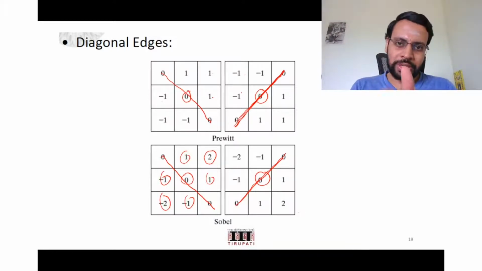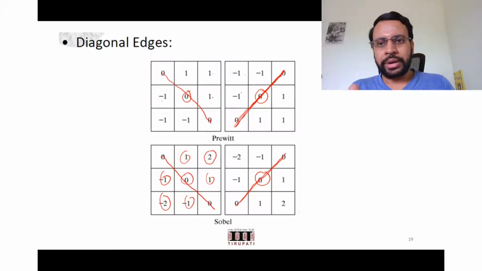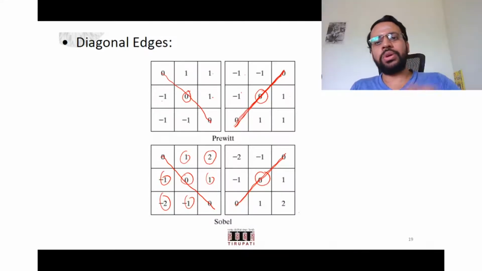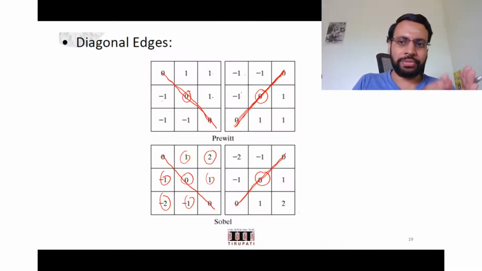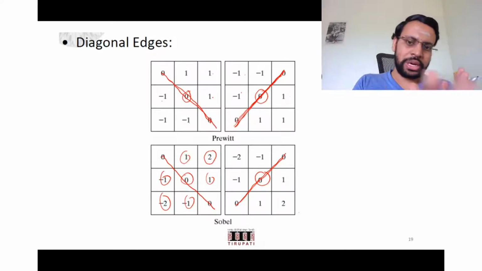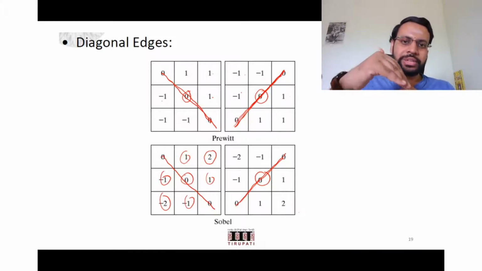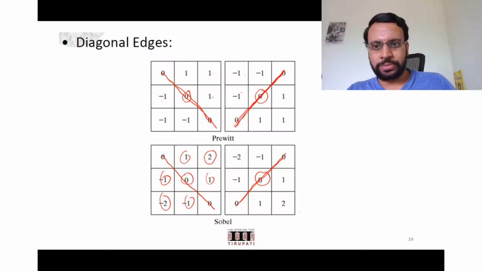This is a very special case. You might not use it if you are using these operations as part of computing your horizontal and vertical derivatives of your gradient. You will not come to this, but in a special case where you would like to find an edge, as I mentioned, which is at ±45 degrees, then you could use the above Prewitt or the below Sobel, depending on whether this is a +45 degrees edge or a -45 degrees edge.